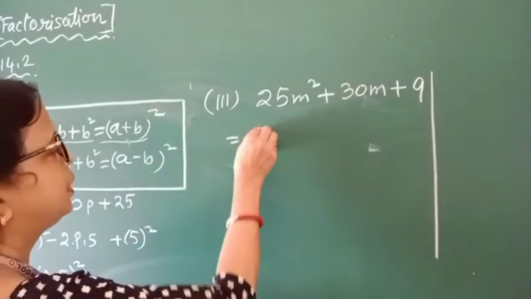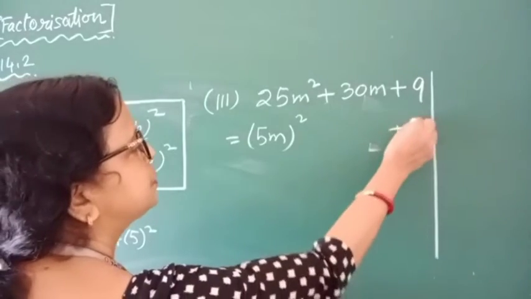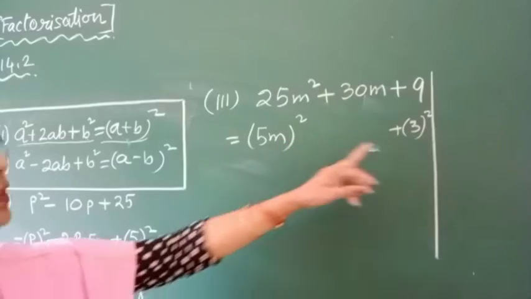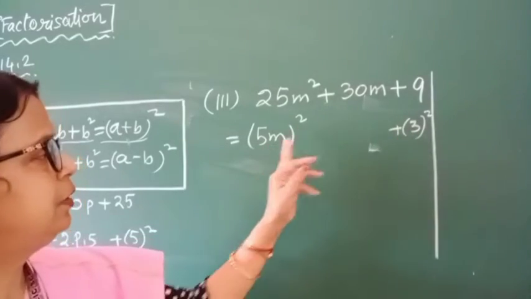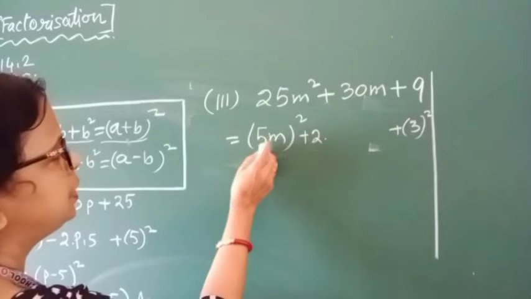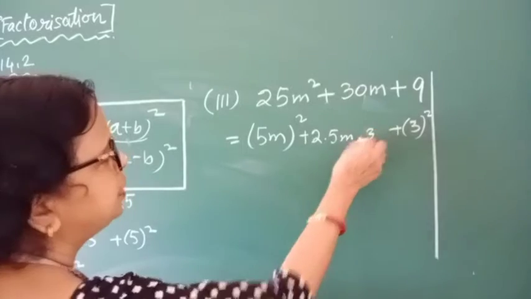25 means 5m square and 9 means 3 square. Now it is our a and this is our b. So a square plus b square, then plus 2 into a means 5m, b means 3.